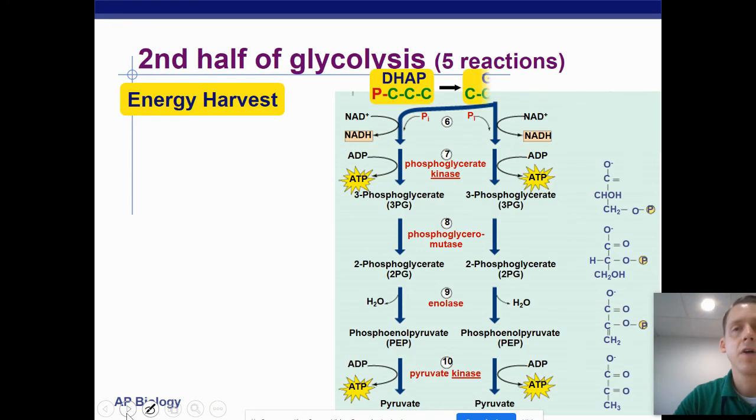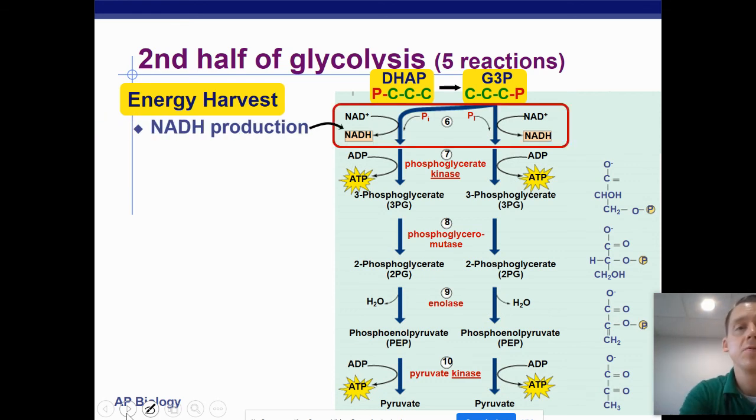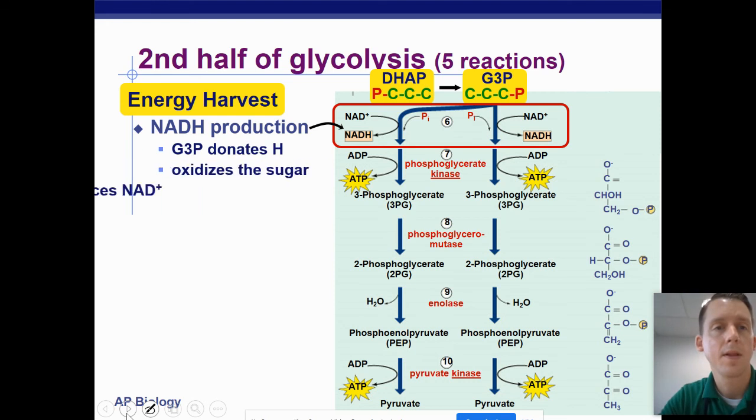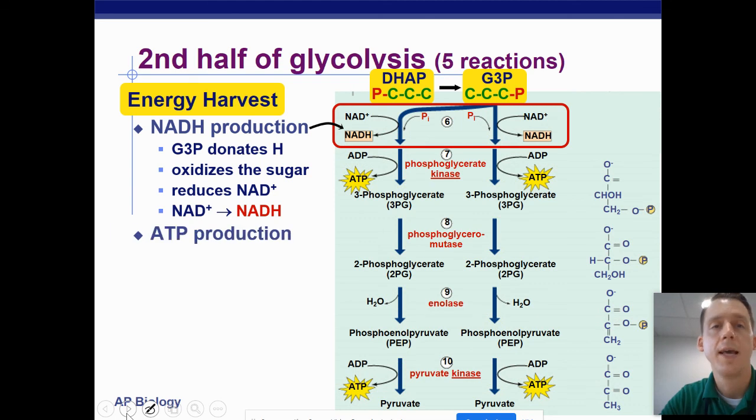And then the energy harvest phase, we have these 2 G3Ps that are going to help produce some NADH, as you see there. So electron energy, and we produce some ATP at the end.